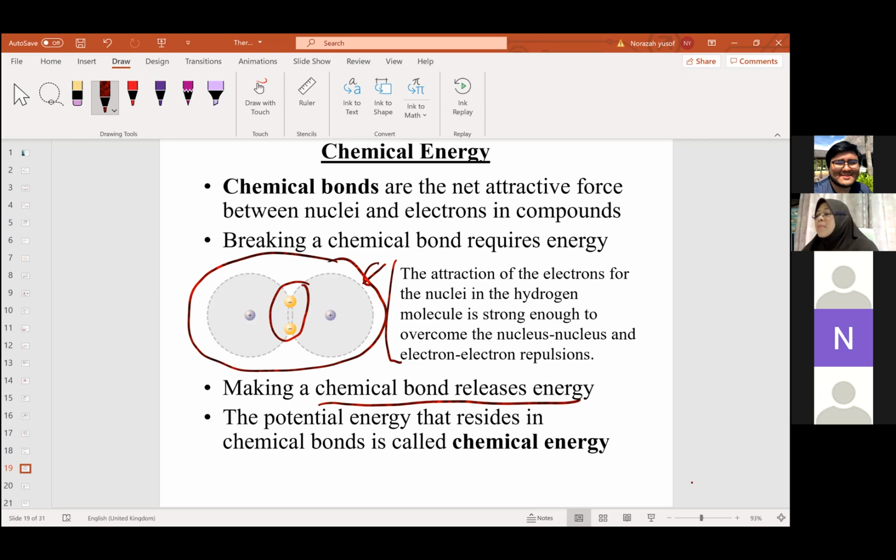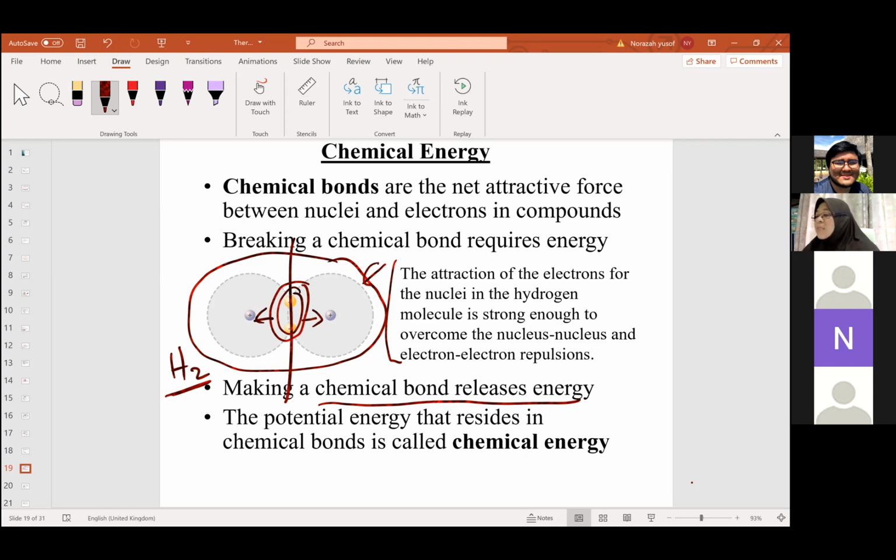This electron cloud is being attracted to the nucleus as well as the other, and it also has repulsion. So lots of energy has to be there in order to stay as a hydrogen molecule. This is just an example. So when you break the bond, you might have energy release.